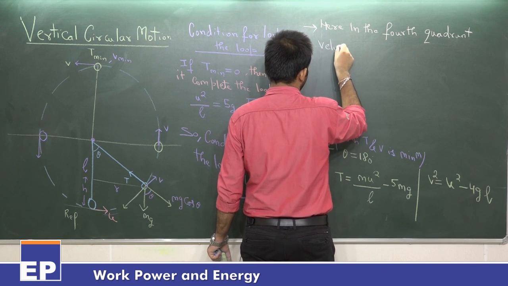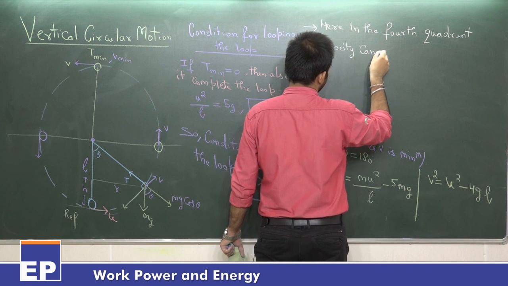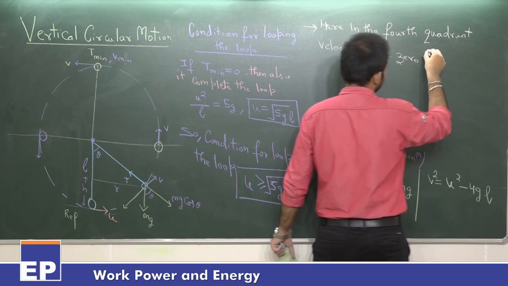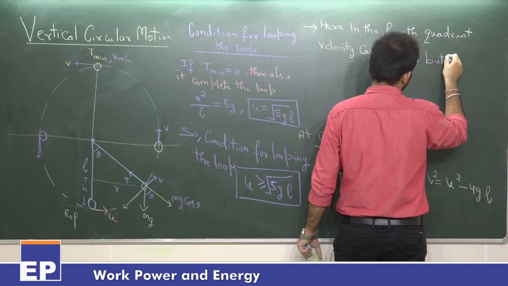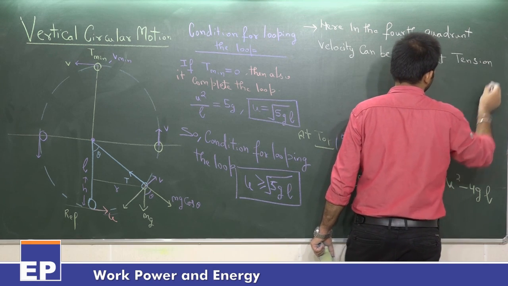Velocity can be 0, but tension can never be 0.